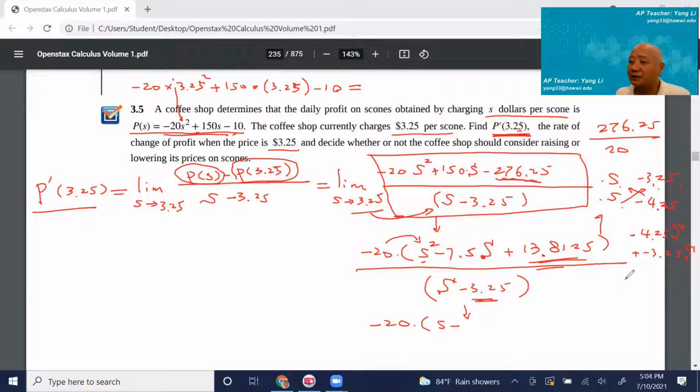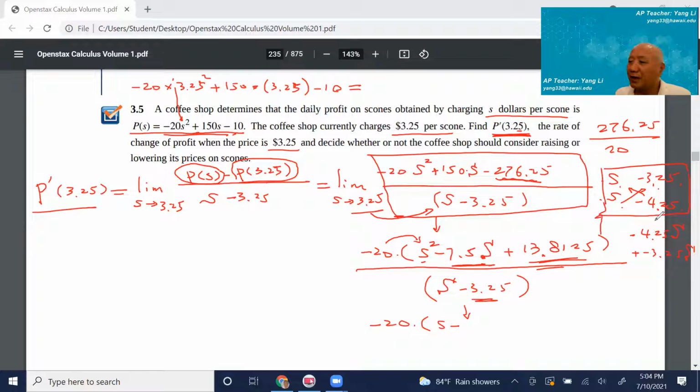So negative 4.25 added to negative 3.25, you get negative 7.5, exactly the middle one. So I knew this would be the good pattern.